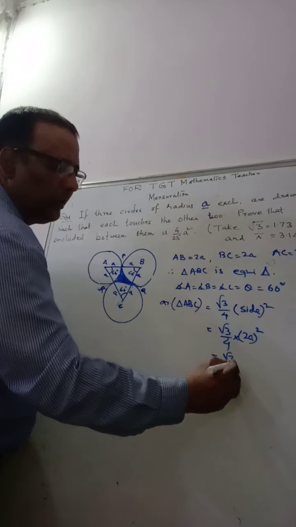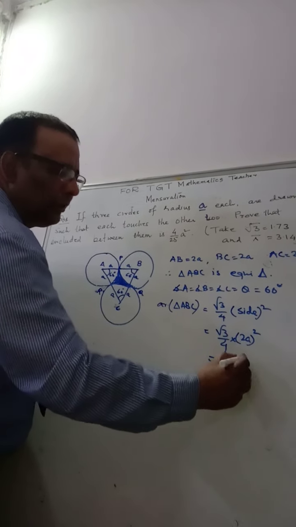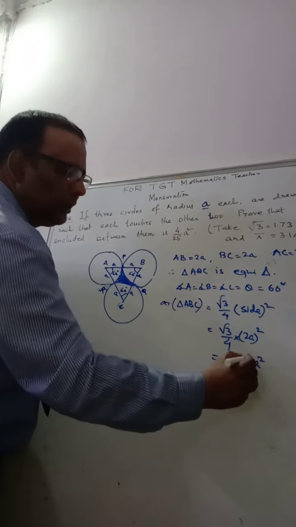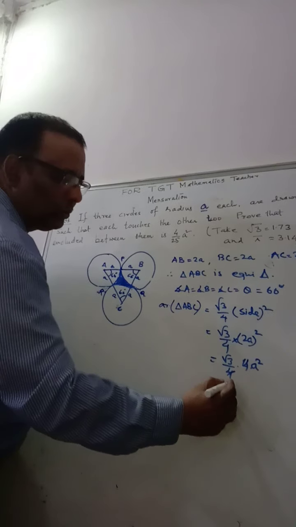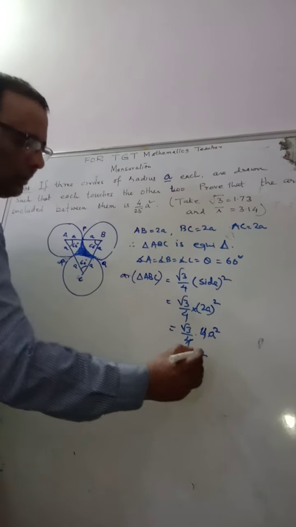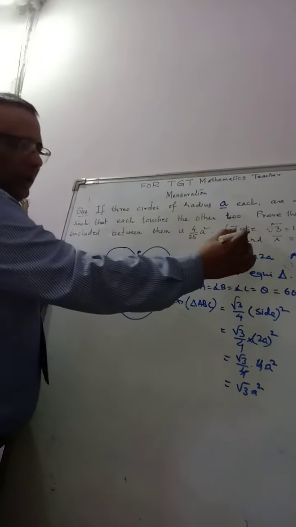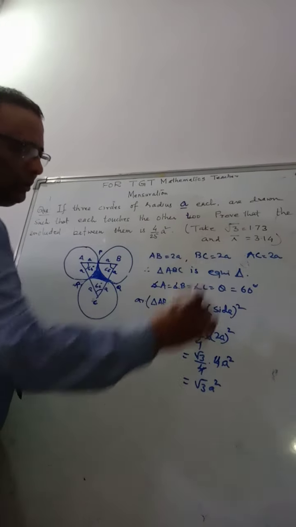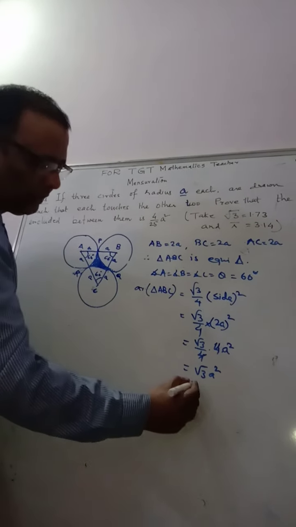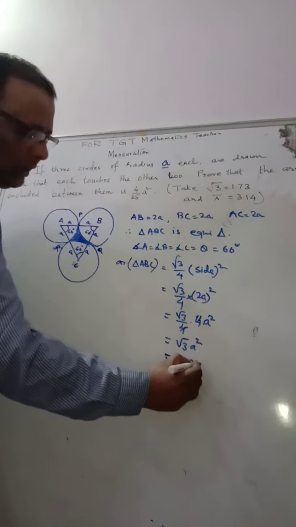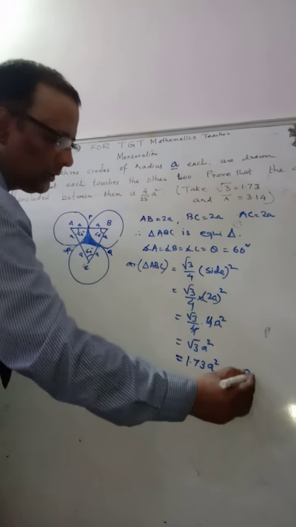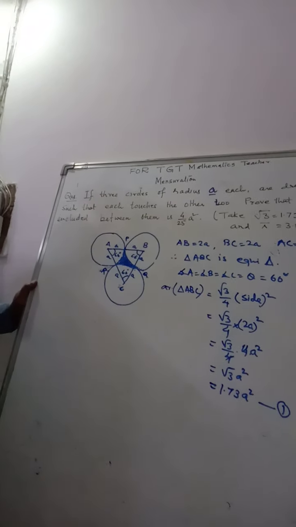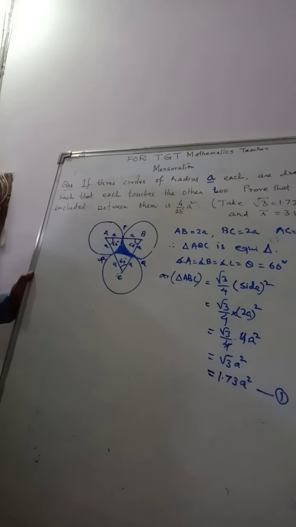So root 3 by 4, 2 square is 4, and this is a square. This is cancelled. So root 3 a square. And in this question, it is mentioned here that root 3 is equal to 1.73, so 1.73 a square.